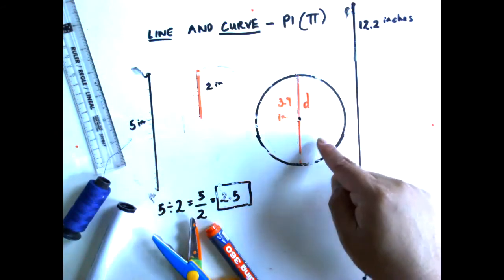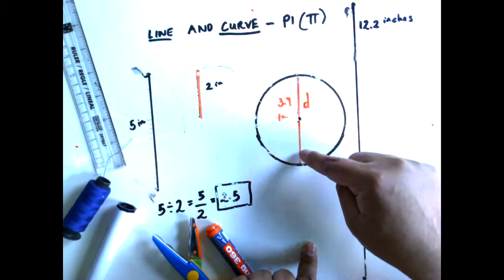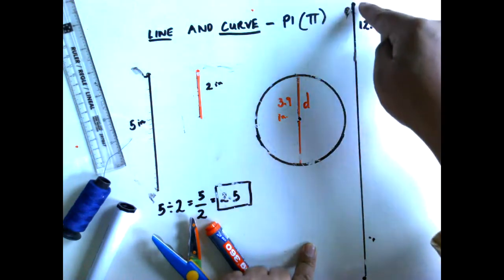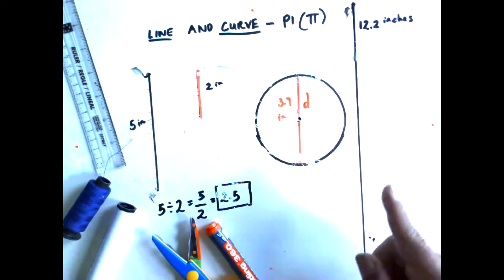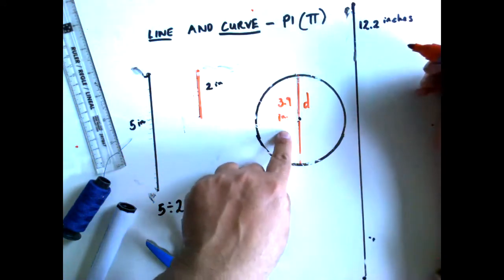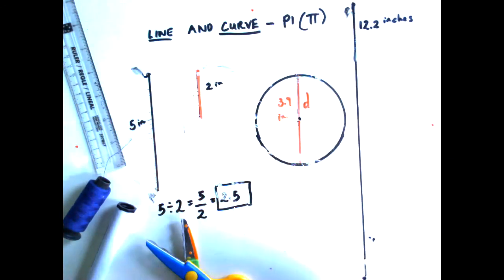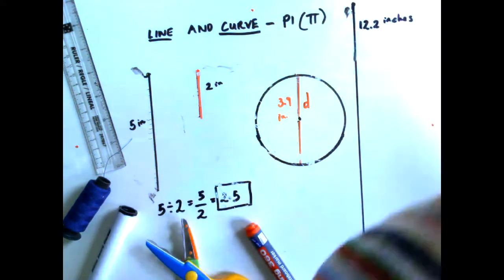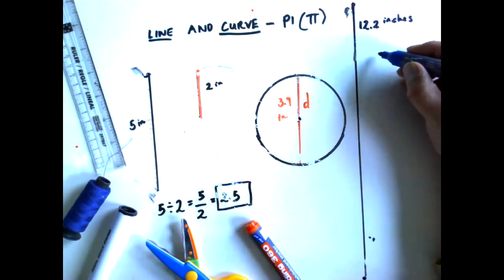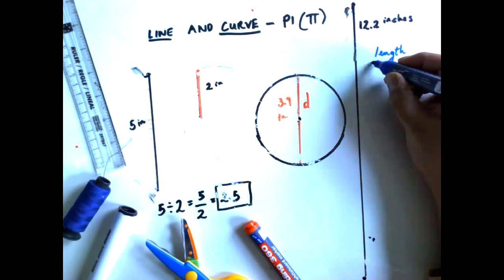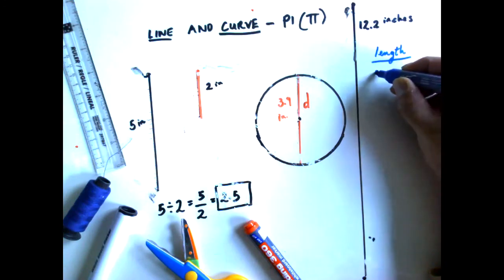We asked the same question here. This red line would fit around the circle, which is really this. How many times? So the question would be: length of the circle over diameter.